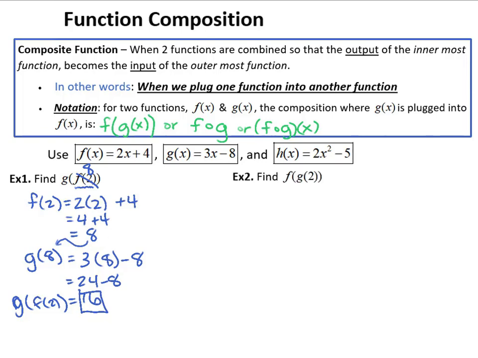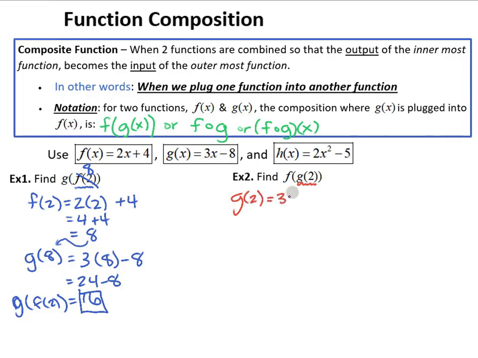Okay, let's try the last one in this section. Find f of g of 2. So the first thing, again, we're going to evaluate the innermost function, g of 2.